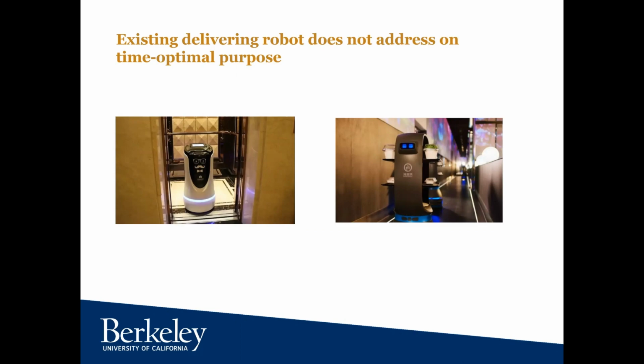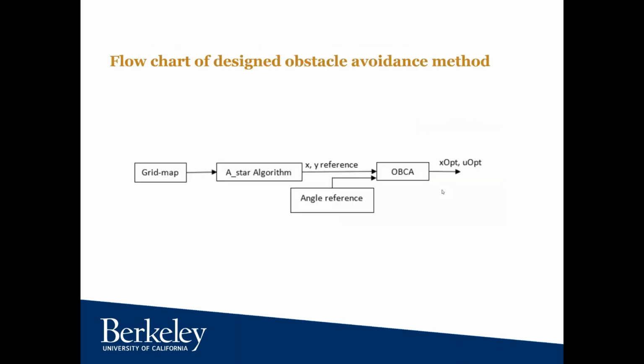So the model predictive control algorithm allows us to plan a time-optimal trajectory while having dynamic obstacle constraints. And here is the flowchart of our obstacle avoidance method. We generate a grid map and use the A-star algorithm to generate our X and Y reference for the MPC controller.